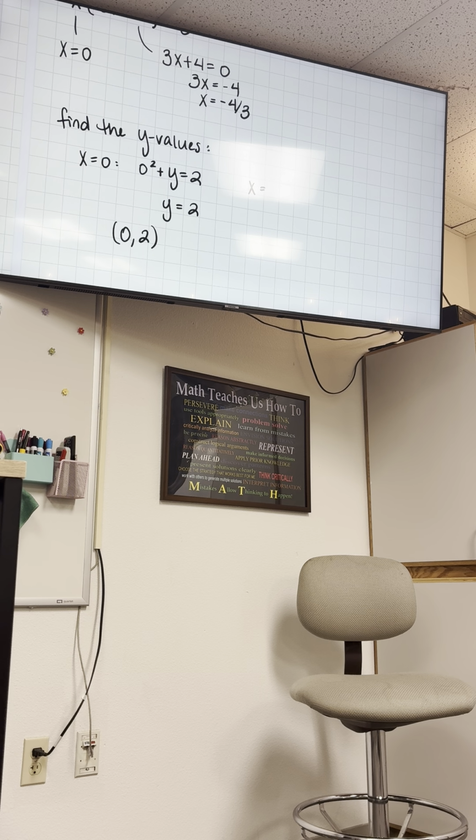Then this is the less fun one. If we plug in -4/3, we'll have to take -4/3 and square it, because that's being added to y, which is equal to 2. What would -4/3 squared give us? 16/9. Yes, good. So 16/9 plus y equals 2.